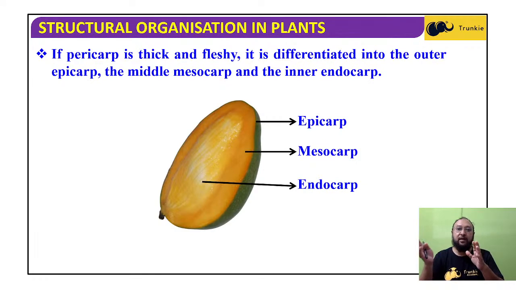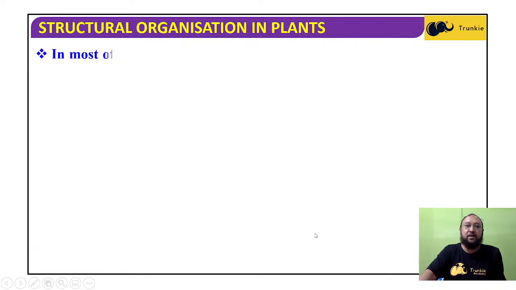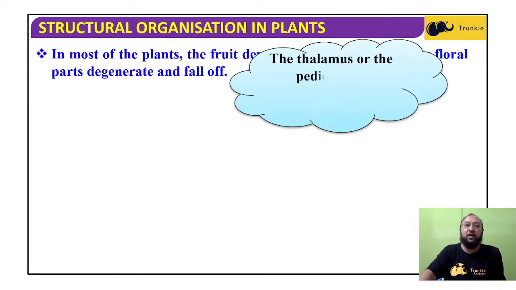The outer is called the epicarp, then the mesocarp, the fleshy part which we eat in the mango, and the innermost layer is the endocarp.